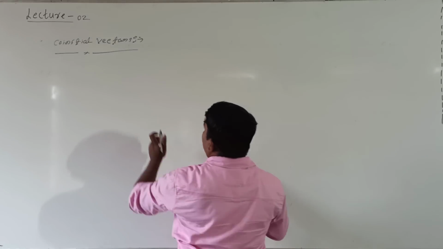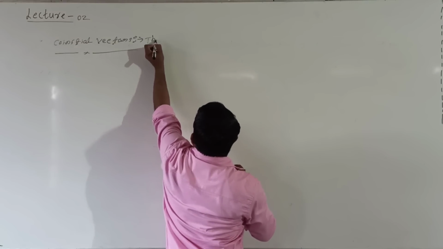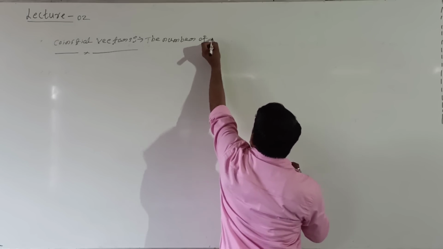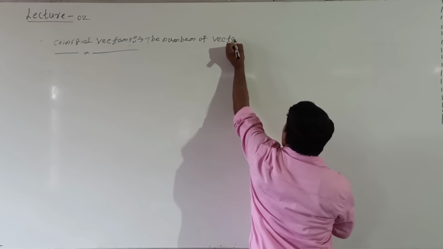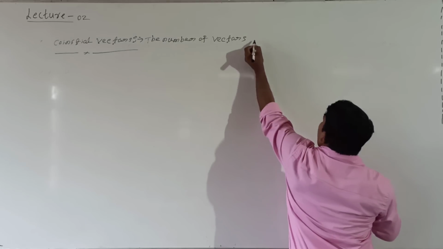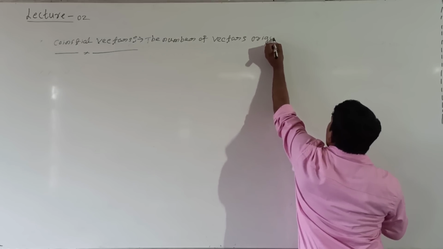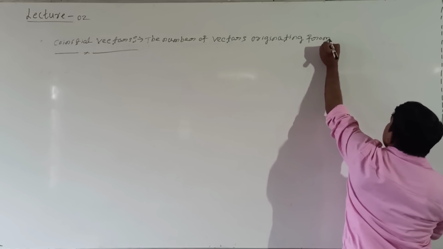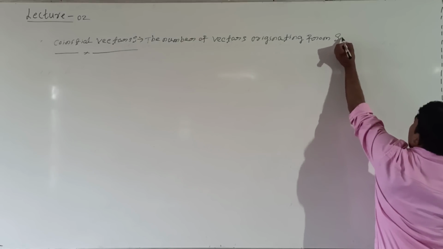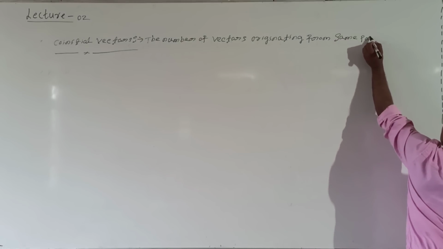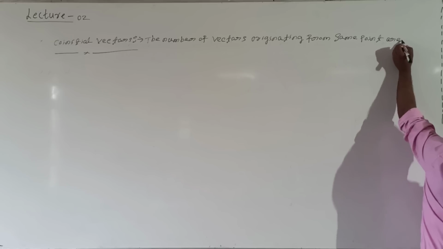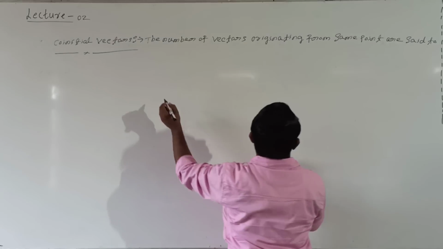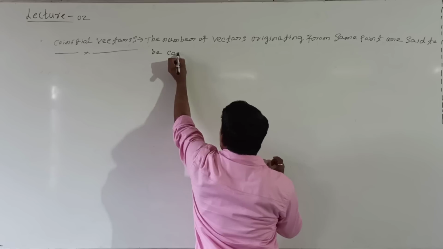The number of vectors originating from same point are said to be co-initial vectors.